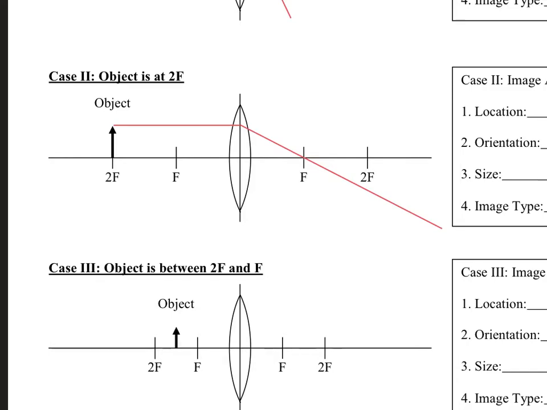The second one needs to go straight through the center of the lens, and it doesn't refract if it does that. So there's the center. Make sure this comes from the same point. Boom. Right through the center, like so. Then the last one needs to go through F first.